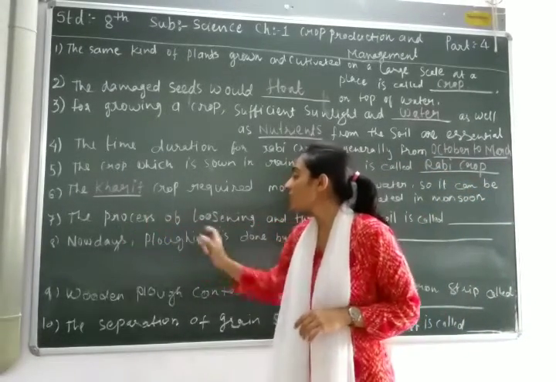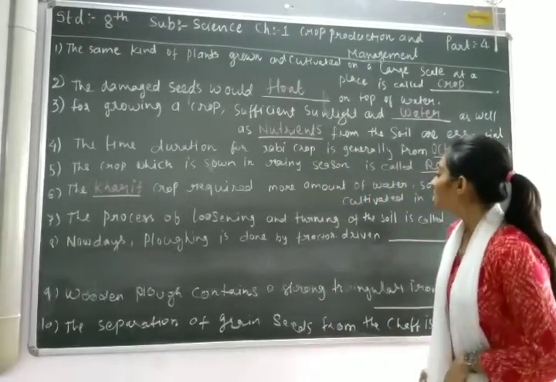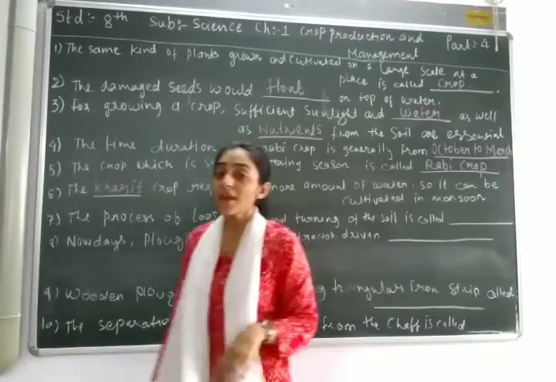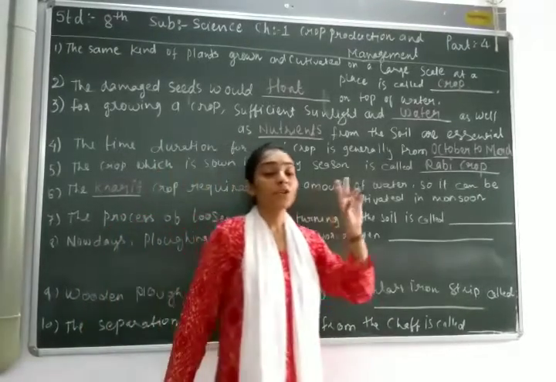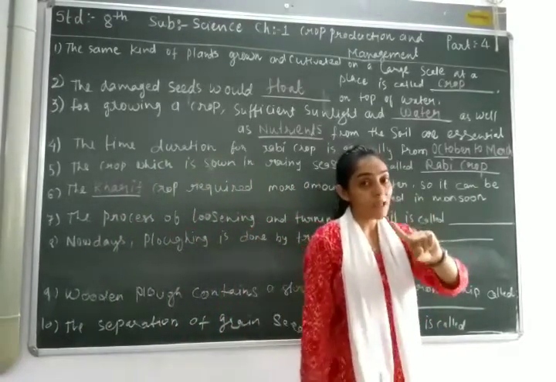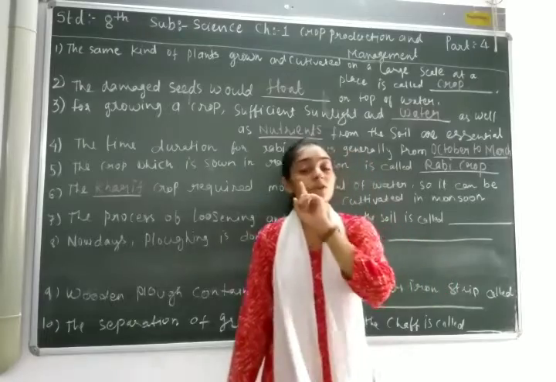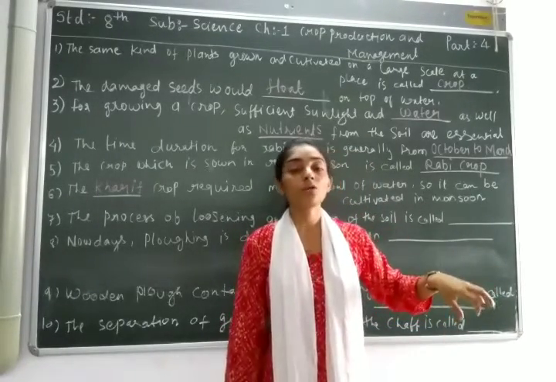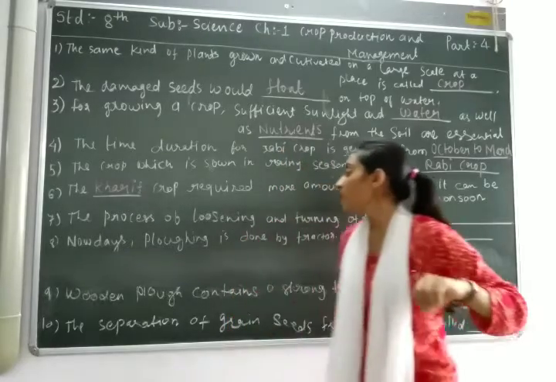Now, the process of loosening and turning of the soil is called, okay, we have seen this in the preparation of soil. My first step is the preparation of soil. We have to prepare our soil for the growth of the crop.